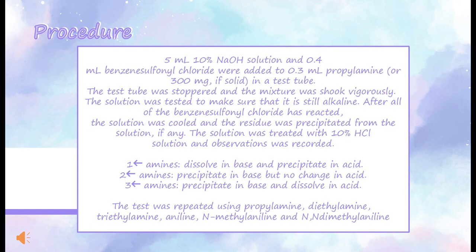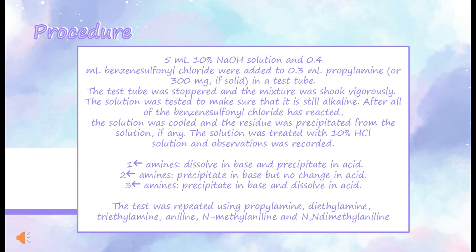The solution was tested to make sure that it was still alkaline. After all of the benzene sulfonyl chloride had reacted, the solution was cooled and any residue was precipitated from the solution. And then the solution was treated with 10% hydrochloric acid solution and observations were recorded.